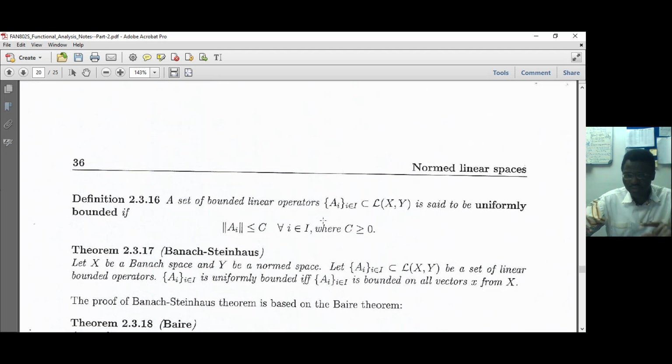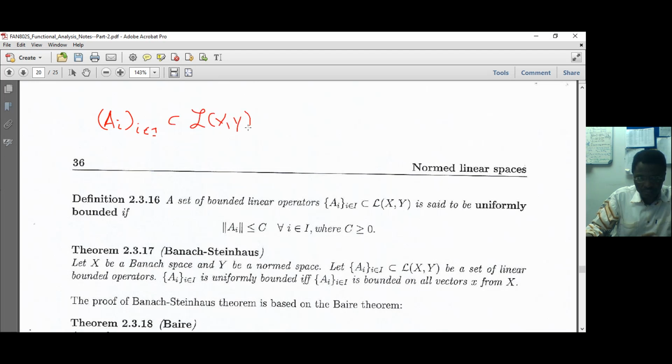So for a given family of bounded linear operators from X to Y, it can be either bounded on a vector, or it can be uniformly bounded.